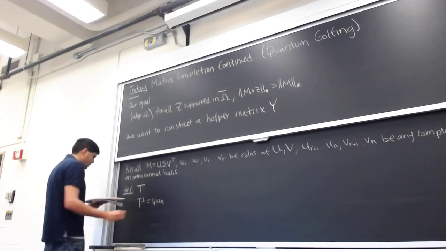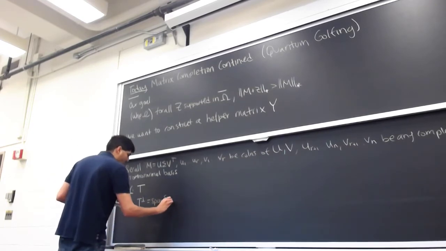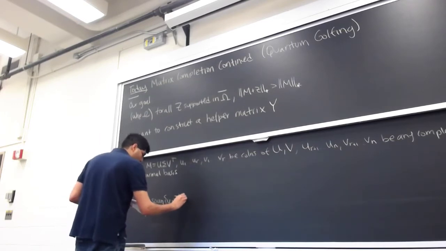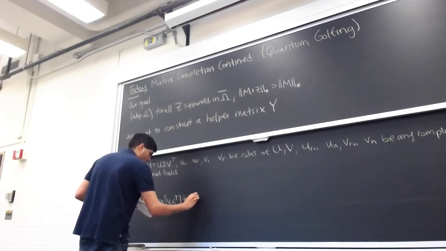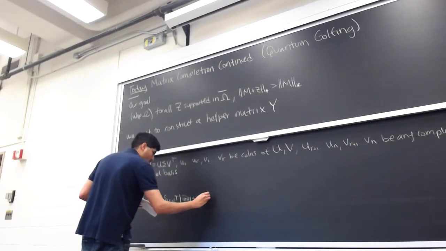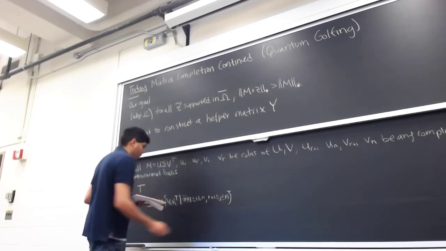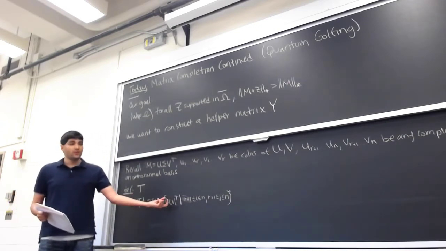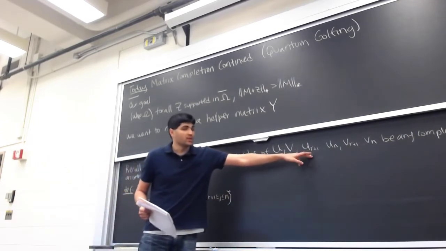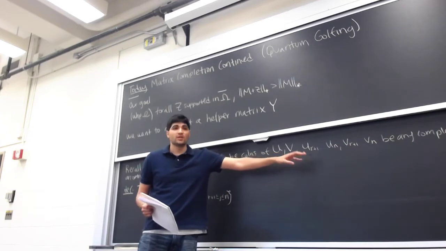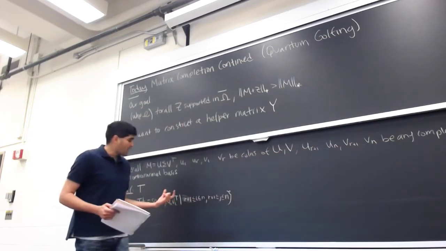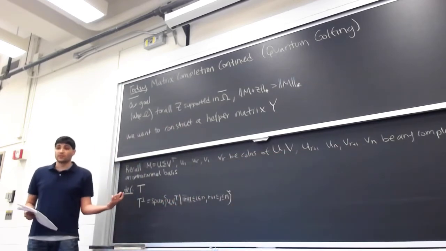It'll just be defined as the span of the UI VI transpose, where both UI and VI come from this augmentation. So this is T perp. This is a linear space over matrices.